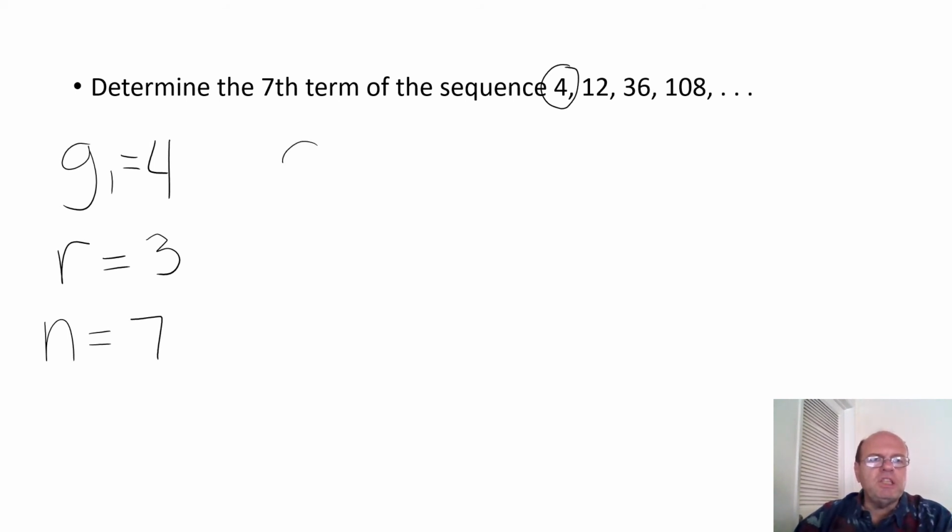It's going to be g sub 7 equals our g1, which is 4, times our common ratio, which is 3. We're going to raise that to the 7 minus 1 power. So now we can start doing some simplifying.